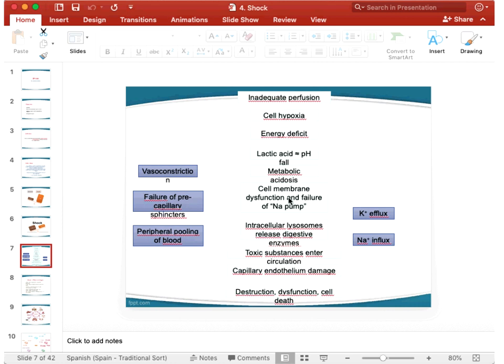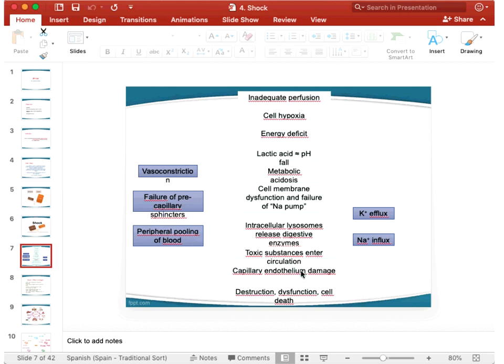After that, all of the pumps, such as the sodium pump, are going to start failing, and the intracellular lysosomes will be released, and all of the cells will be destroyed, releasing toxic substances into the circulation, causing the endothelium to leak.